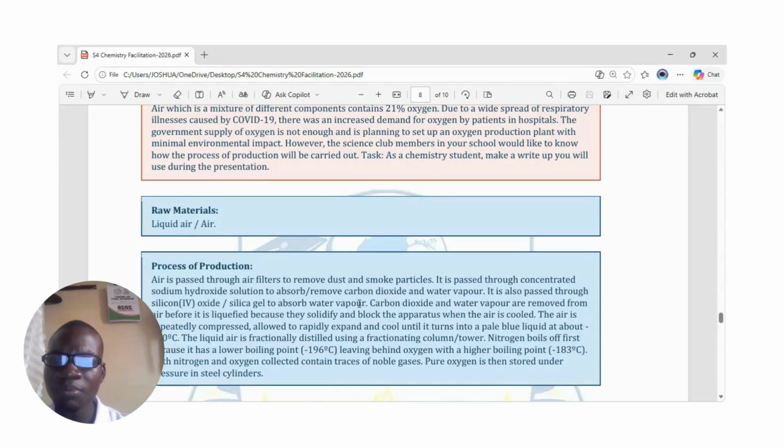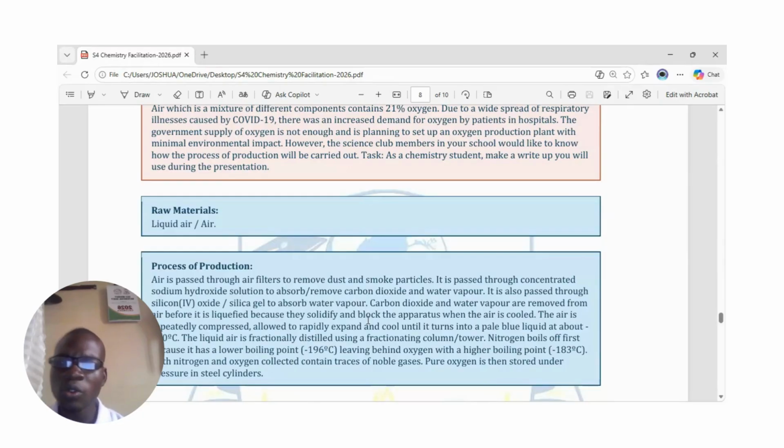So the air is repeatedly compressed, allowed to rapidly expand and cool until it turns into a pale blue liquid at about -200 degrees Celsius. The liquid air is fractionally distilled using a fractionating column or tower. Nitrogen boils off first because it has a lower boiling point, leaving behind oxygen with a higher boiling point. Both nitrogen and the oxygen collected contain traces of noble gases. Then go on and tell us pure oxygen is stored under pressure in a steel cylinder.